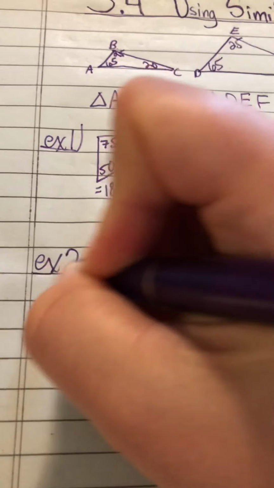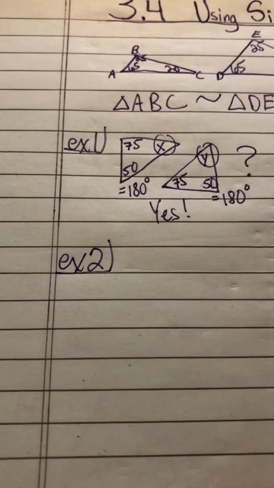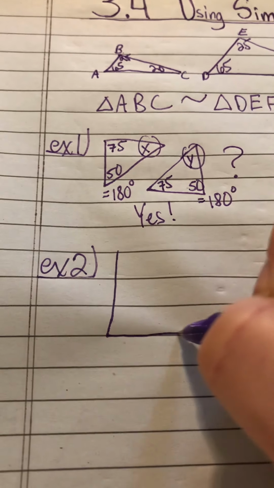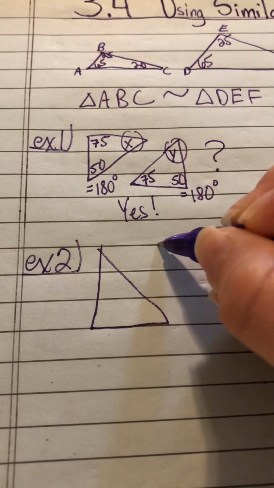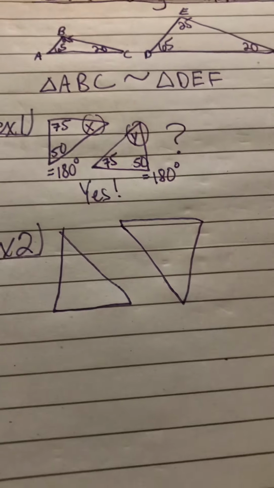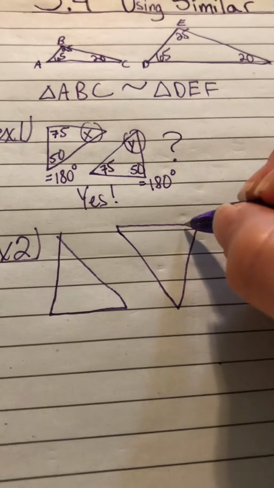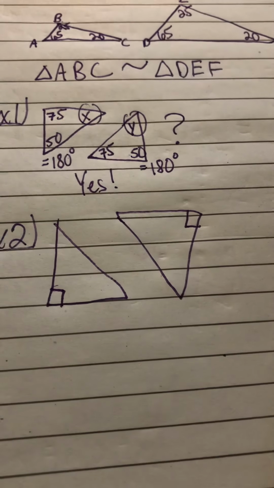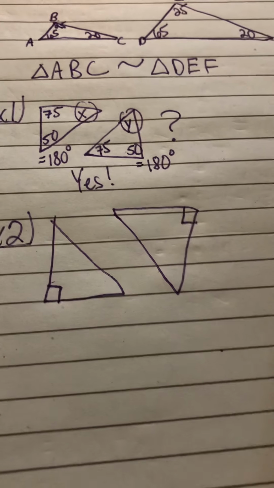Let's try another one. I'll call this example 2. With example 2, take this triangle, and we'll take this triangle. I'm going to use this symbol. Remember that is the symbol for 90 degrees.